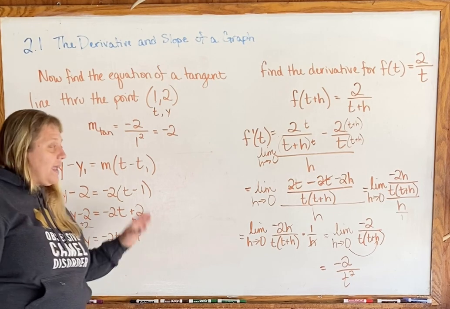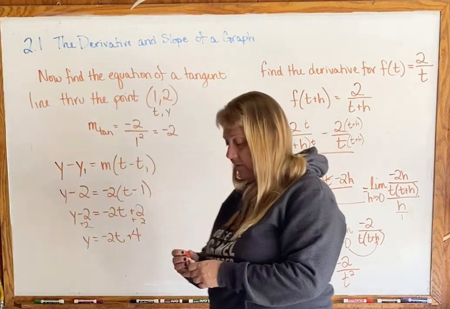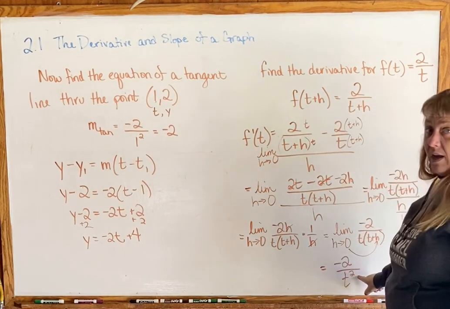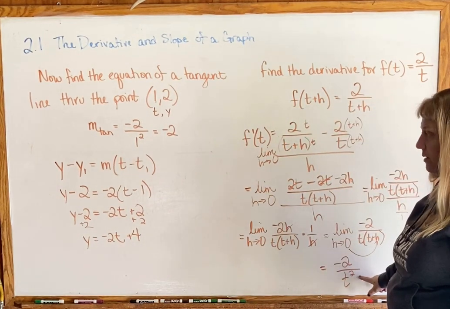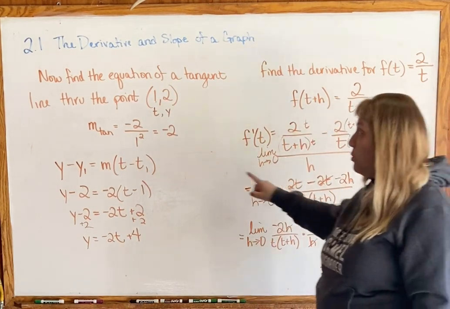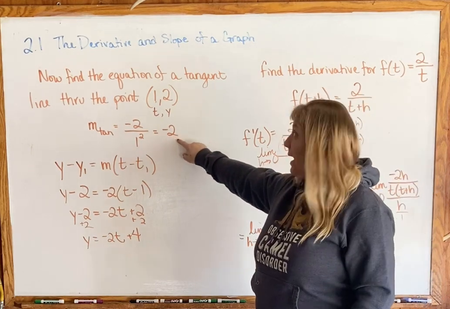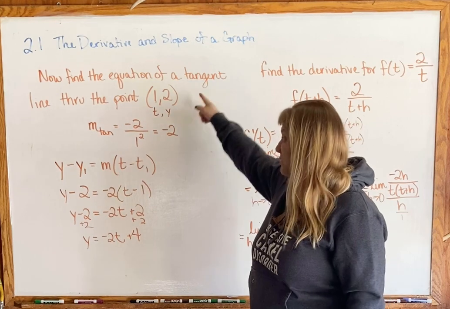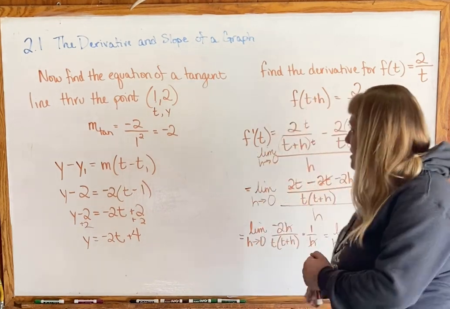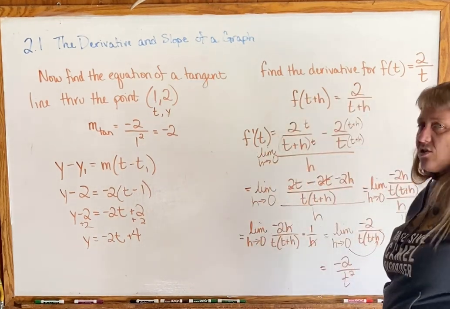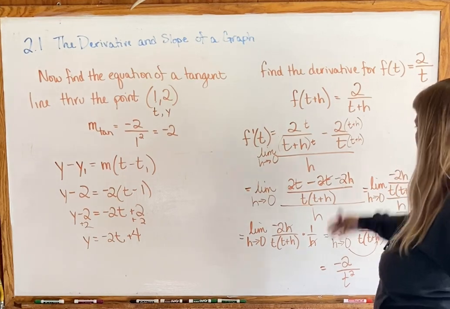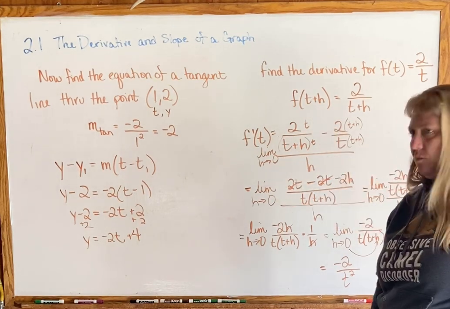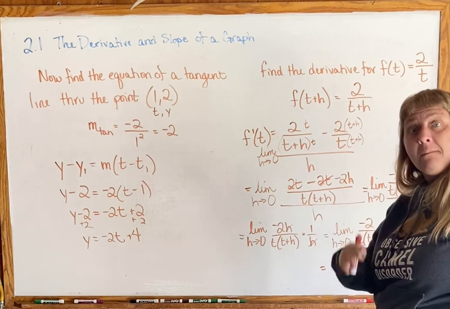So now if it asked you just to find the derivative, just finding the derivative is finding this guy. If it asks you to find the slope, finding the slope is just this guy. Or it could ask you to go the whole way and find the tangent line, which means you got to do the whole entire thing. So when it says find the equation of a tangent line, that one you know you're going through the whole entire process, which can be a little bit tedious, but you can do it.